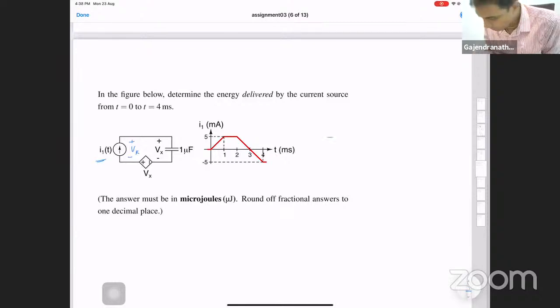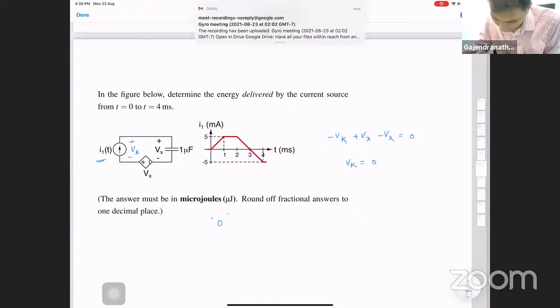Let's call it Vk. So minus Vk plus Vx minus Vx is equal to 0, which means Vk is equal to 0. The voltage across the current source is 0, so the answer has to be 0, because there is no voltage across it.